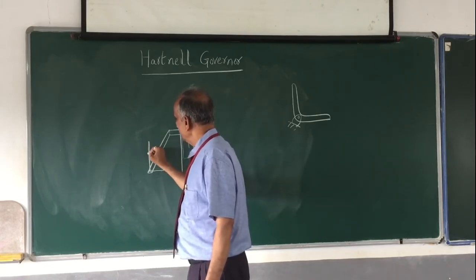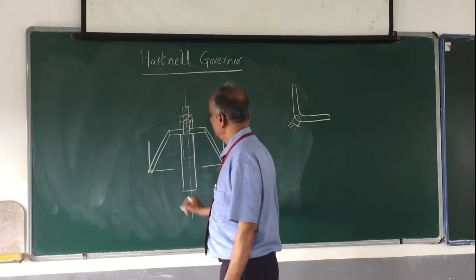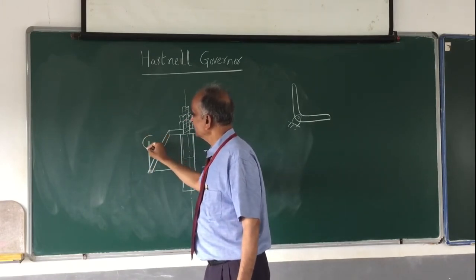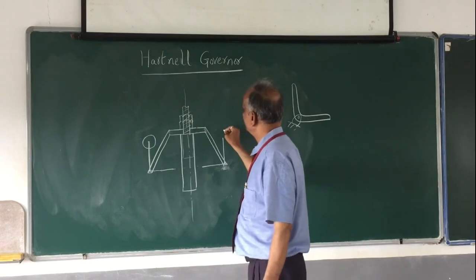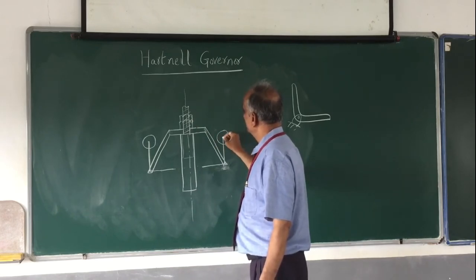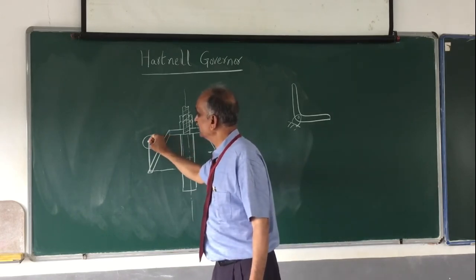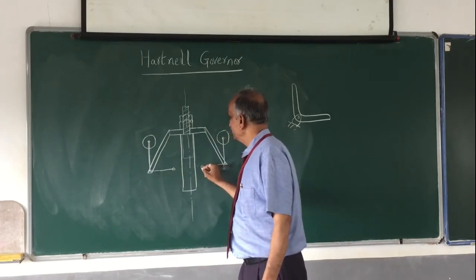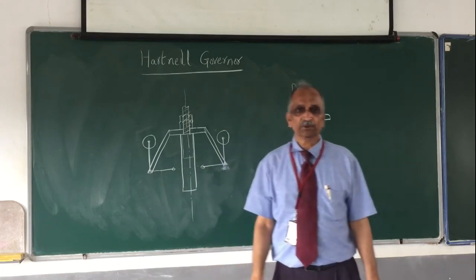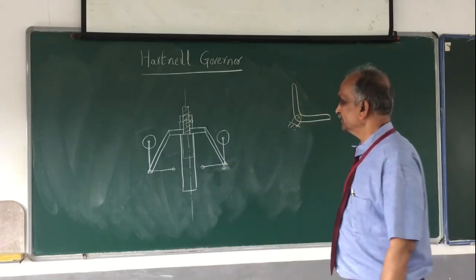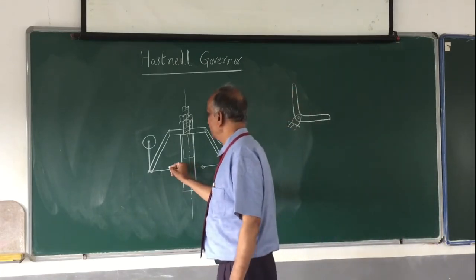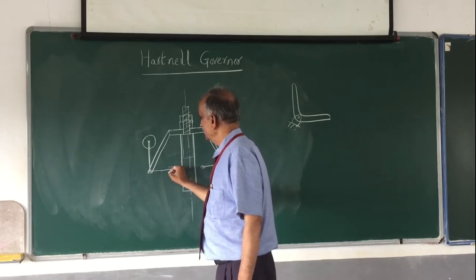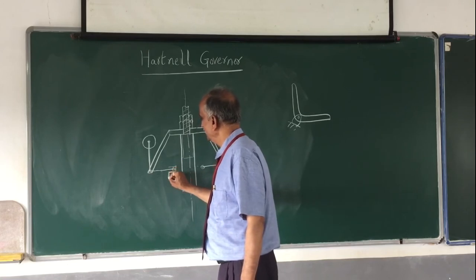This is the bell crank lever which has been hinged here, and here we have what is called the governor ball. The governor ball is here, and here you have a small roller. This roller is going to support what is called the sleeve.